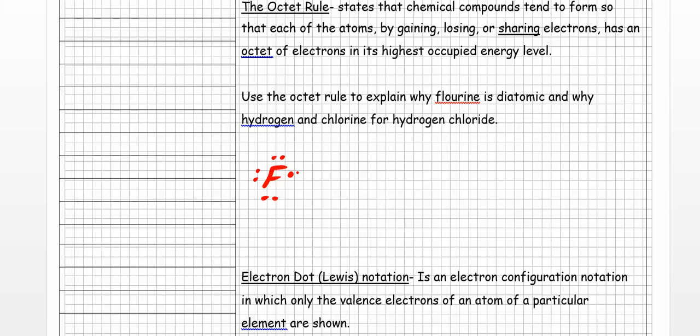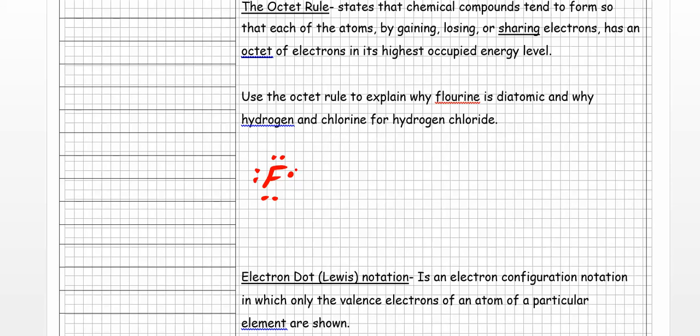We'll talk a lot more about Lewis structures later, but that's how we draw the electron arrangement around atoms. We pair the electrons up until you can't anymore. So in this case, there were 7. That's an odd number.